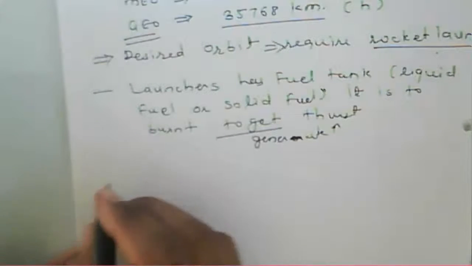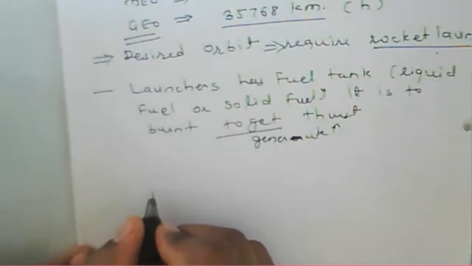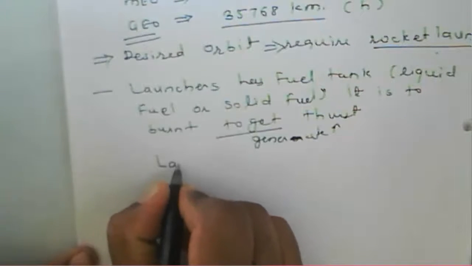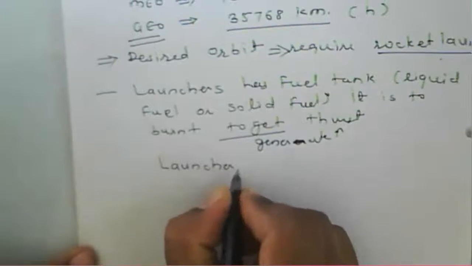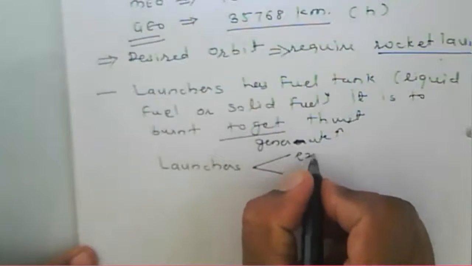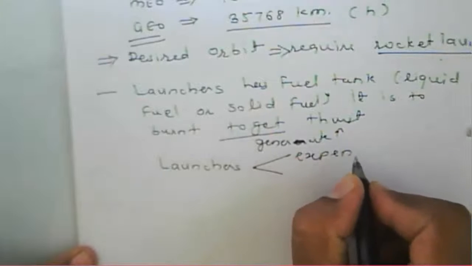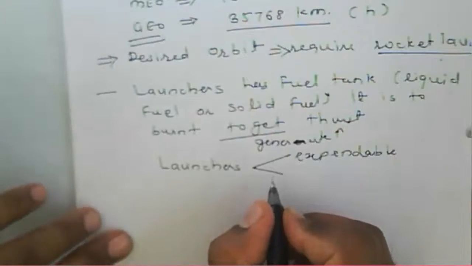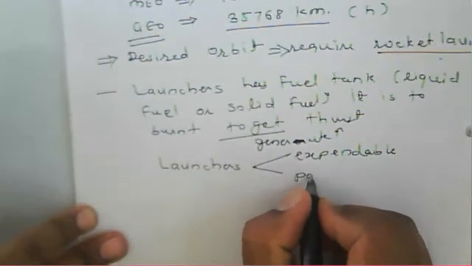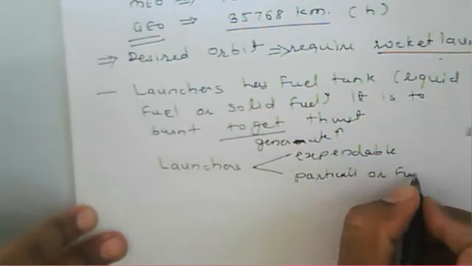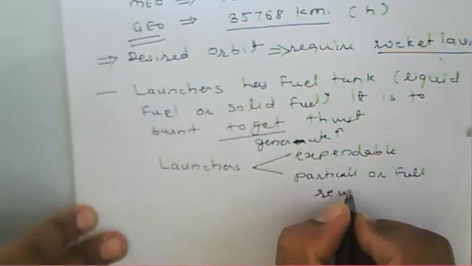There are basically two types of launchers, depending upon what type of tools we are using: expendable, or partially or fully reusable.